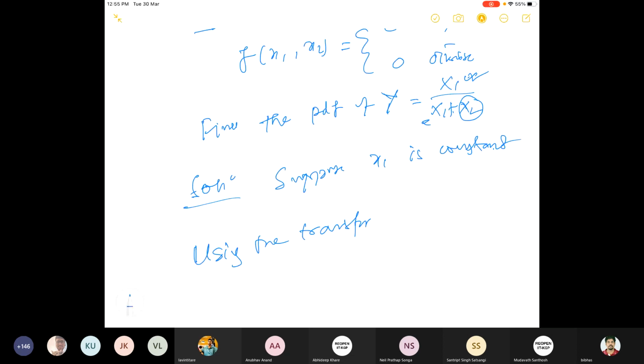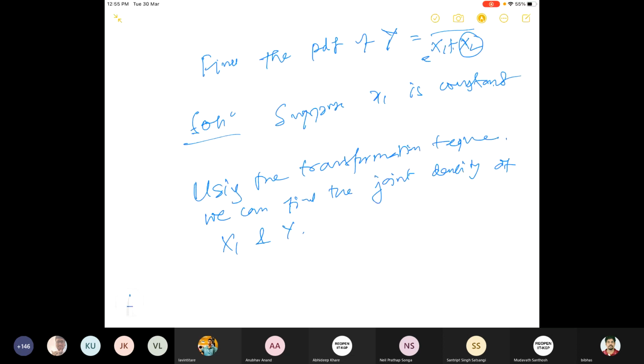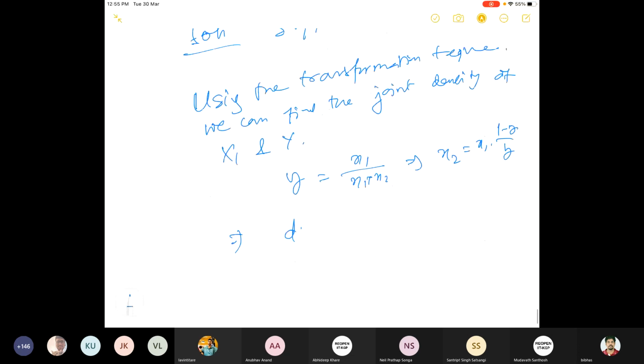So we can find the joint density of x1 and y. Here y is equal to x1 by (x1 plus x2), so this implies x2 is equal to x1 times (1 minus y) by y. Then we can compute del x2 by del y, which will be minus x1 by y square.